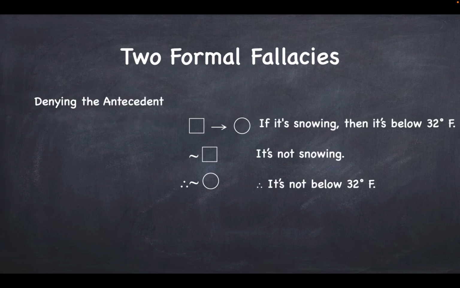So here's an instance of the fallacy. Again, if it's snowing, then it's below 32 degrees Fahrenheit. True, but it's not snowing. This morning I looked out and I was like, oh, no snow. I obviously couldn't conclude from that information alone, well, I guess it's not below 32 degrees.